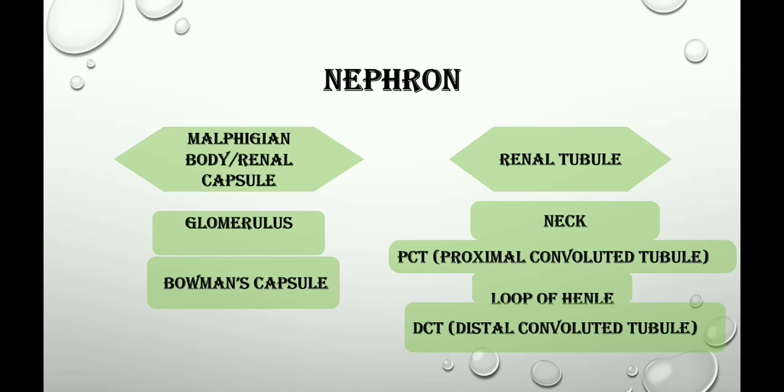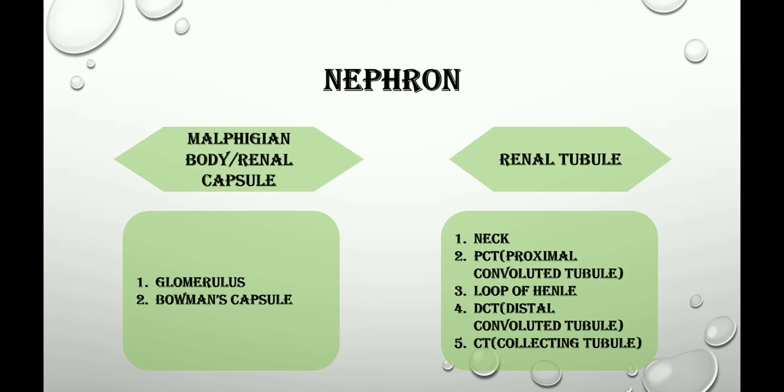And this DCT is connected to a short straight tubule called as collecting tubule. Now, the collecting tubules of many nephrons open together in a common duct that is called collecting duct, that we'll see in detail further.